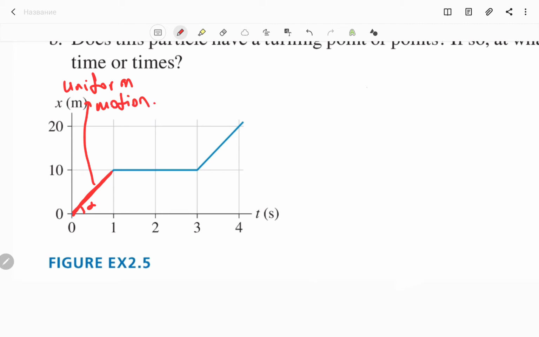Now we need to find this velocity. It's simple. In 1 second it moves 10 meters. So velocity, let's call it v1, equals 10 meters per second, and this is a constant velocity between 0 and 1 second.